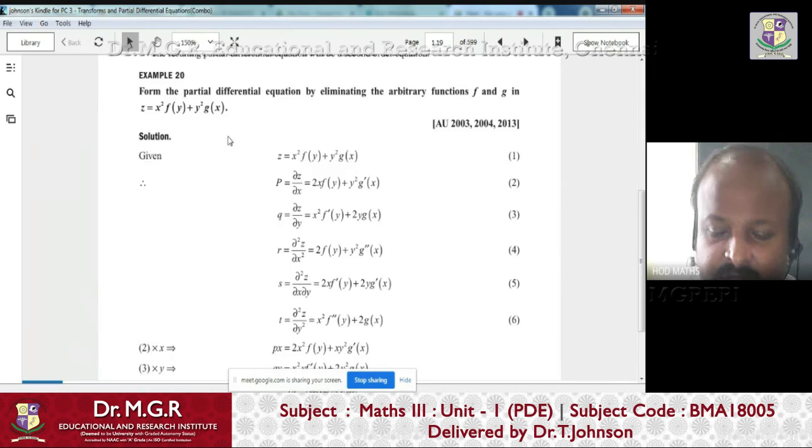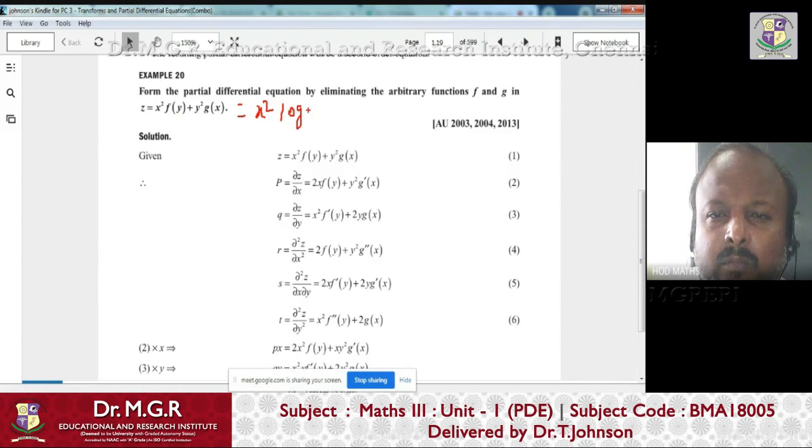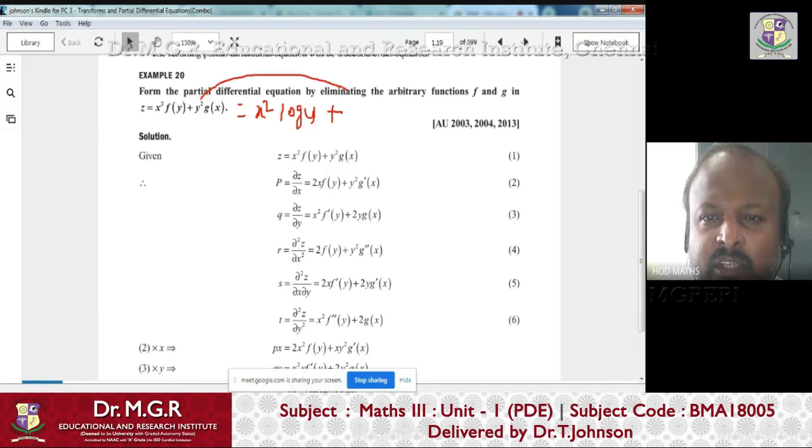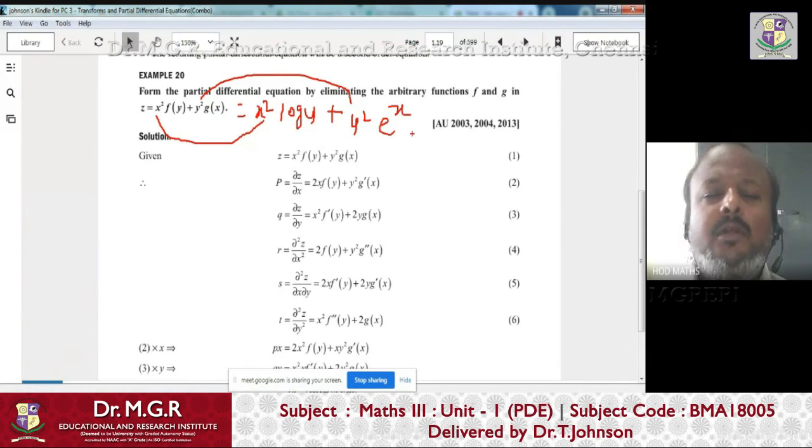What the function looks like, it may be of the form like this: x square times some function of y, it may be some log y, x square log y plus y square, right? So y square as it is. Similarly, this is x square as it is. g of x may be e power x. So it may be of the form like this.